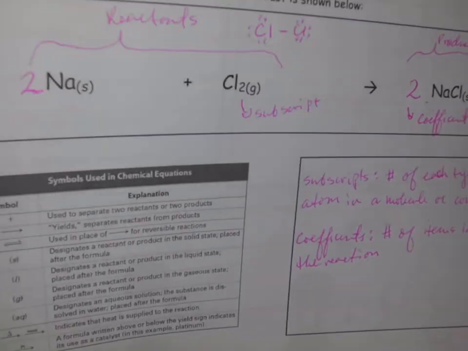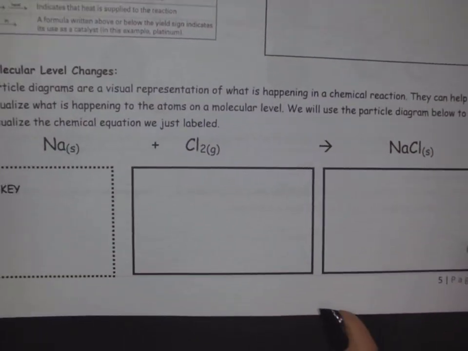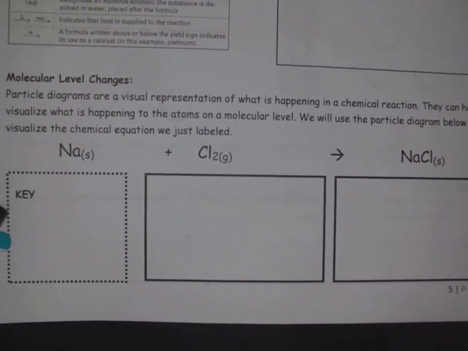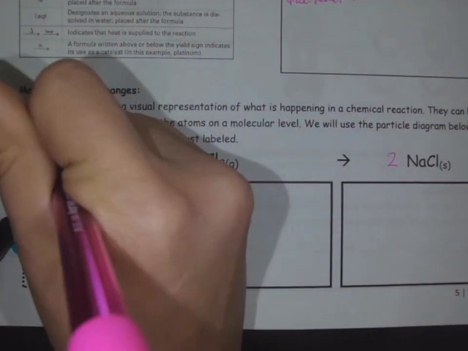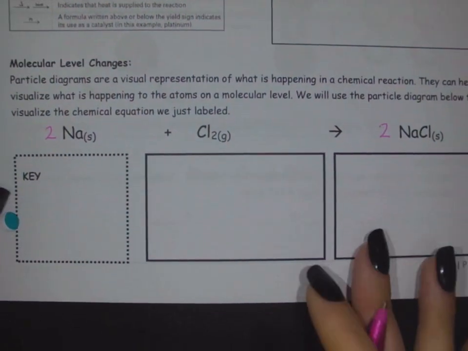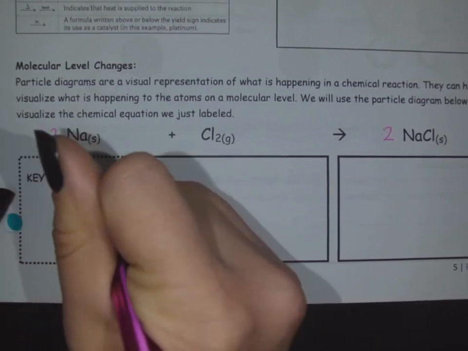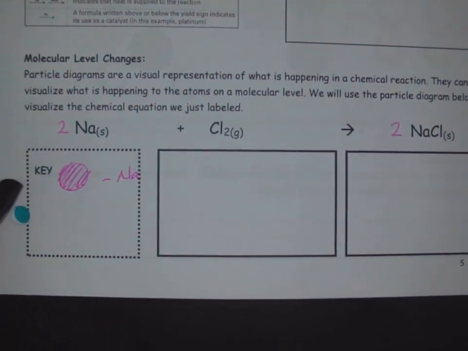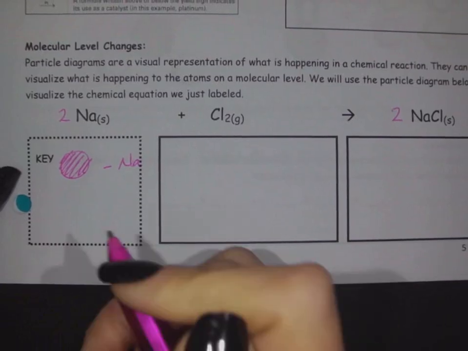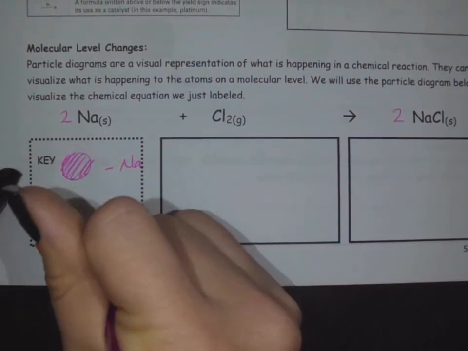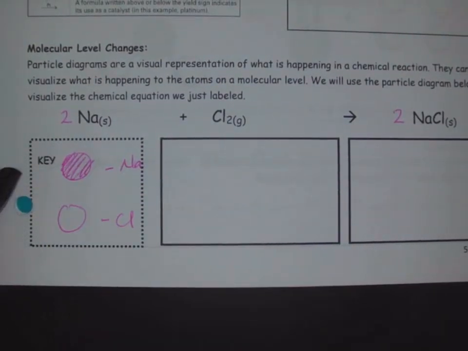So what does this look like at a molecular level? Let's add those coefficients again, so we have a 2 and a 2. I'm going to make a key. One that's colored in is going to be sodium, and one that's not colored in is going to be chlorine.